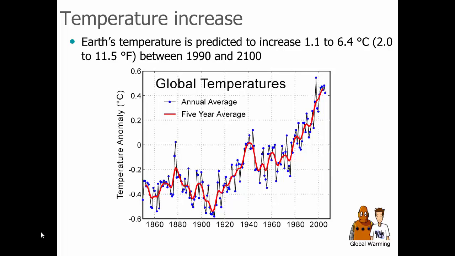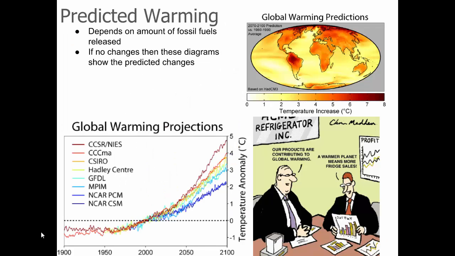We see a graph of temperature since the mid-1800s. And again, if you follow the 5-year average, it's probably a better indicator than annual changes. You can see it's gone up and down, but we're certainly on an upward trajectory. And our temperature continues to increase. The amount of warming depends on how much carbon dioxide we add to the atmosphere.